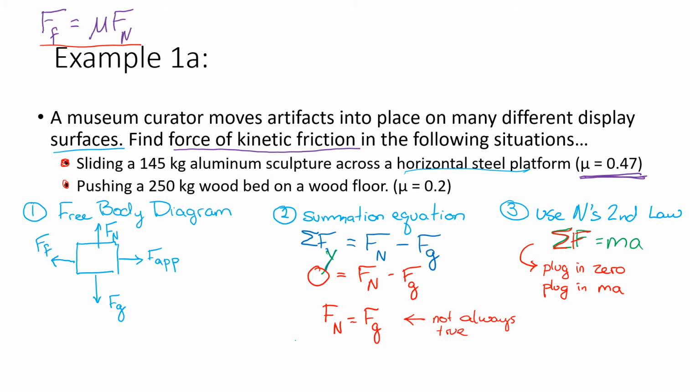We're almost there. Do we know what the normal force is yet? We know it's equal to the force of gravity, but do we know what the force of gravity is on this object? We need to find the force of gravity next, right? So we know that the normal force is equal to the force of gravity, so we need to figure out how much the force of gravity is pulling on this object.